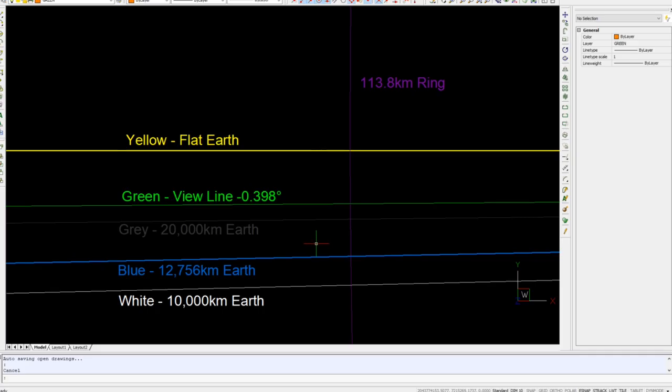And I can understand, I haven't included refraction because, to be honest, I'm not like Roohif. I don't know how to compute the refraction levels depending on temperatures and all that sort of jargon. So this is straight line geometry. As you can see, the green line of negative 0.39 degrees looks below what a flat Earth would be.